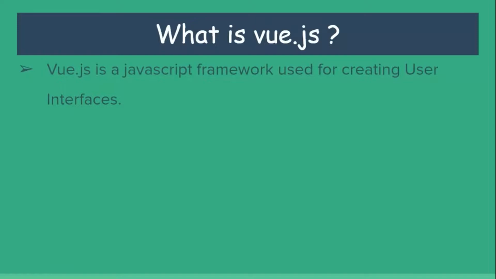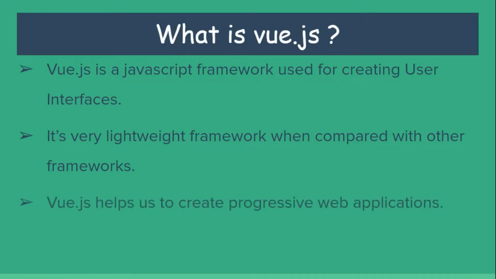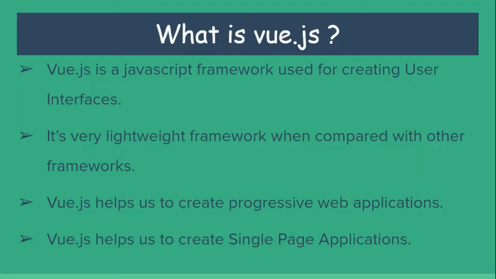Vue.js is a JavaScript framework used for creating user interfaces. Vue components can be reused anywhere in the application. And it's a very lightweight framework when compared with other frameworks. It also helps us to create progressive web applications and single page applications.